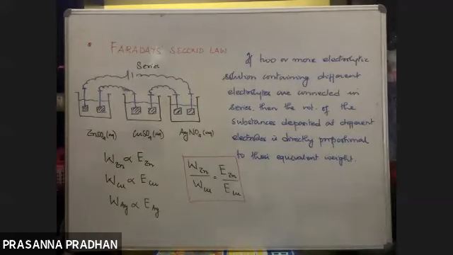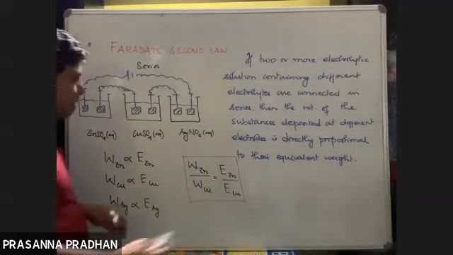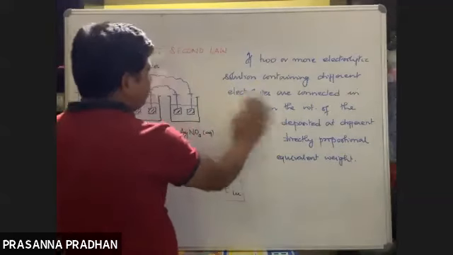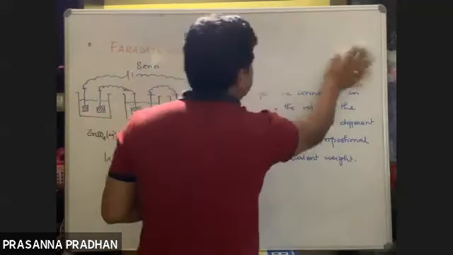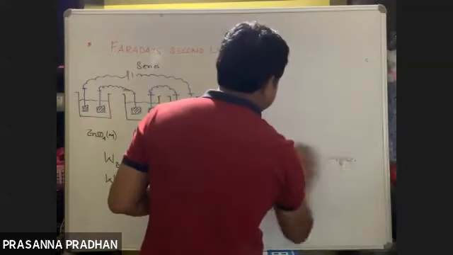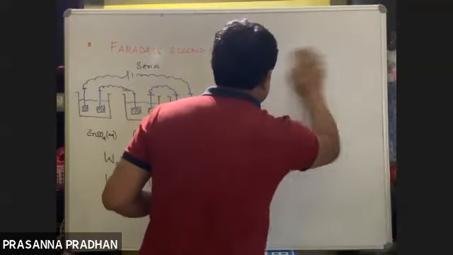The majority of questions are going to be based on Faraday's first law, but nonetheless, please remember Faraday's second law of electrolysis. Before winding up this chapter, I'll give you some additional information. Just note it down.